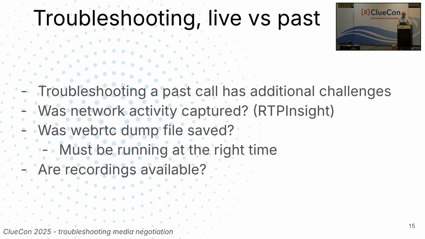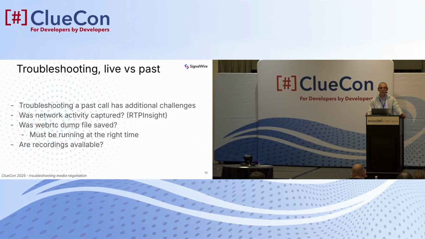As I was mentioning, it's quite different to troubleshoot something that is happening at that moment or something that happened in the past. So these are slightly different approaches. Of course, when possible, it's useful to collect network traces for further analysis in the future. And when a problem arises, for anybody using the browser, it's useful to save a dump of all the WebRTC stats that have been collected so that they can be reanalyzed in the future.